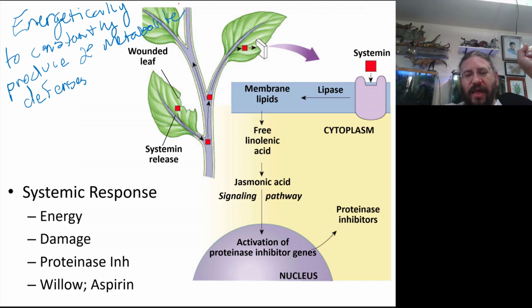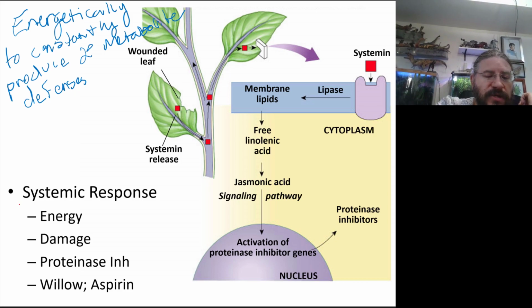So here is kind of a cool alternative energy saver. And that's the systemic response.